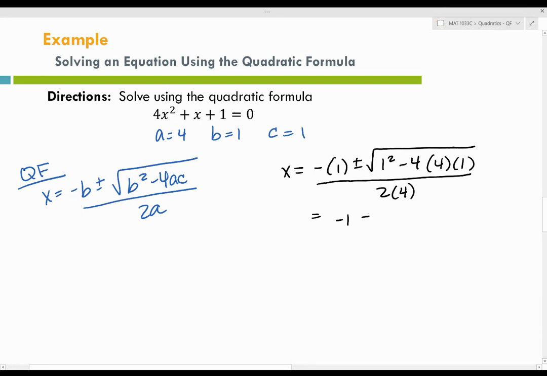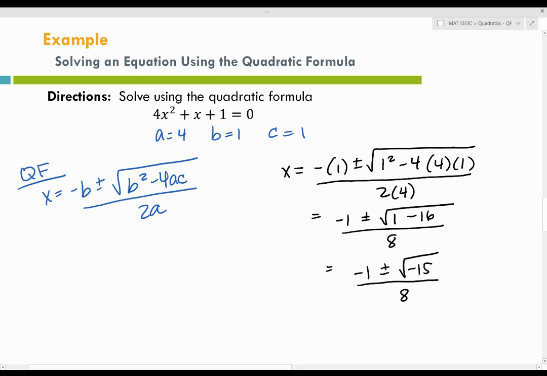So it's negative 1 plus or minus the square root of 1 squared, which is 1, minus 4 times 4 times 1, which is 16, all over 8. Once we do this, we need to simplify that quantity that sits underneath the radical. So we have negative 1 plus or minus the square root of negative 15, over 8.